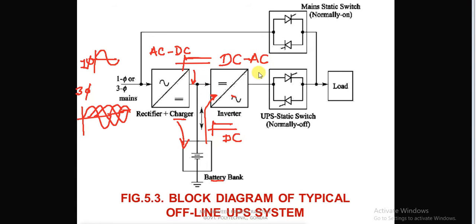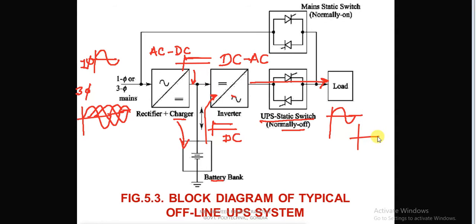And this AC supply is fed via a switch to the load, the UPS normally off switch. So first, we are converting the AC to DC.